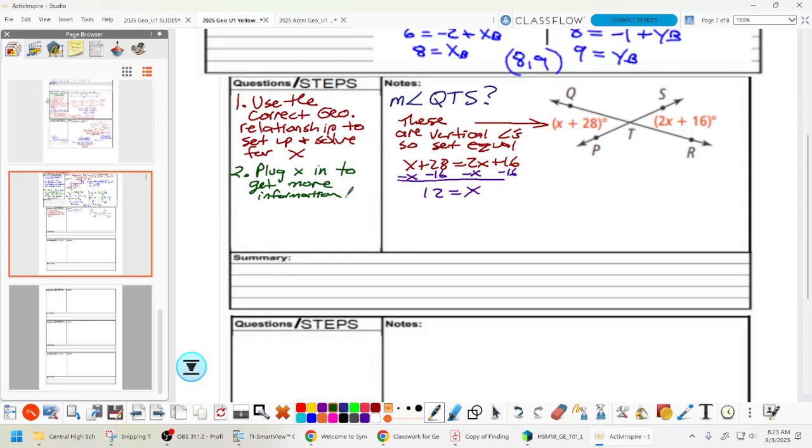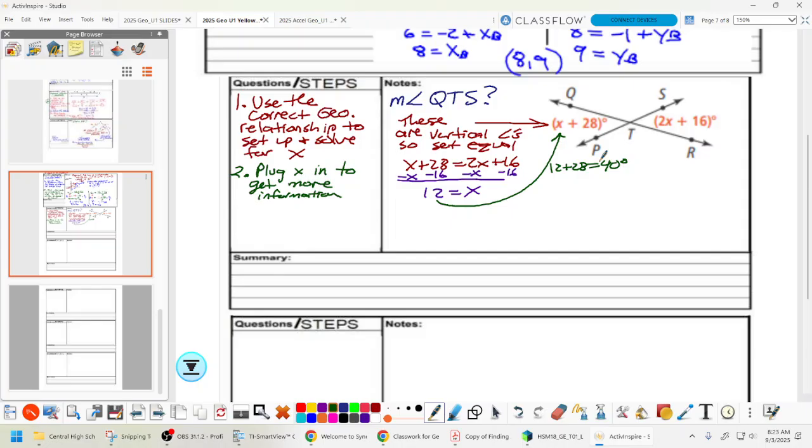Oh, there's nothing there, right? There's nothing in QTS, but I can plug x into one of these. So like here, we have 12 plus 28, which is 40 degrees. Maybe I'll just write that aside. Okay, so we now know this is 40 degrees.